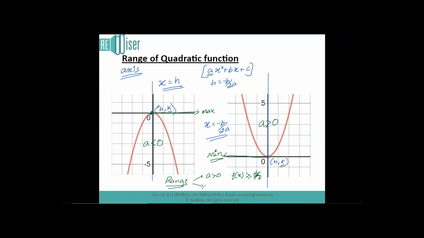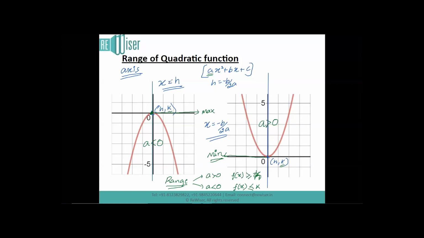And whenever a is less than 0, whenever the graph is concave down, the range of your function is f of x less than or equal to k, because k will be the maximum point.